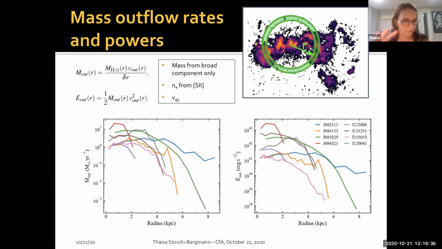The densities for now we are using from the sulfur, and the velocity is the velocity of the wind. We find that the mass outflow rate decreases as the radius increases. The same with the power of the outflow. These different colors are the calculations for each galaxy.